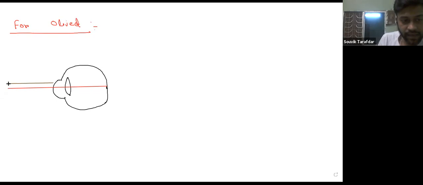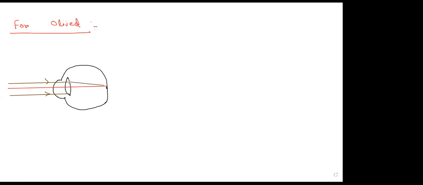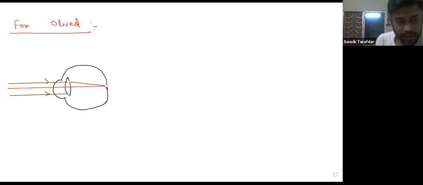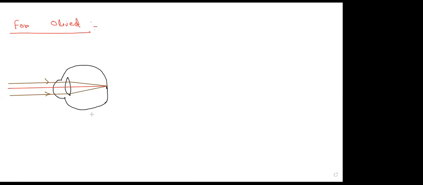From infinity. And after entering through the lens, what will it do? It will converge, isn't it? It will converge on the retina. So this is what happens in the case of a far object.